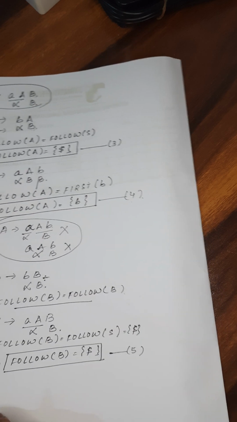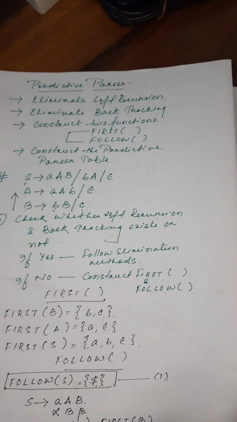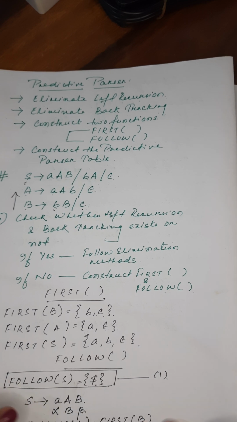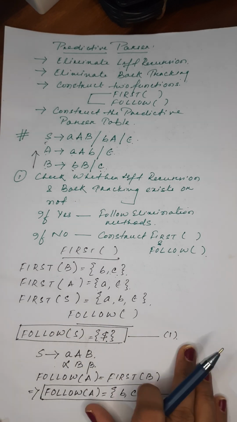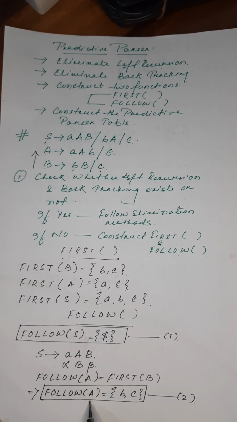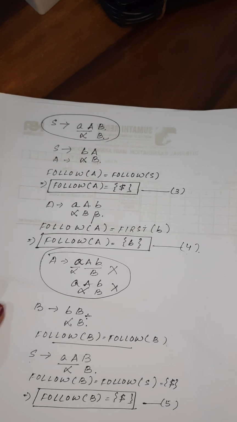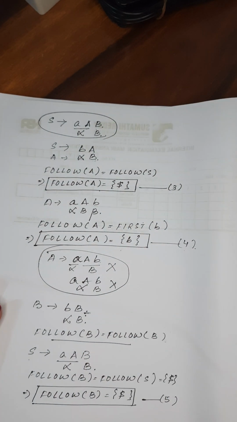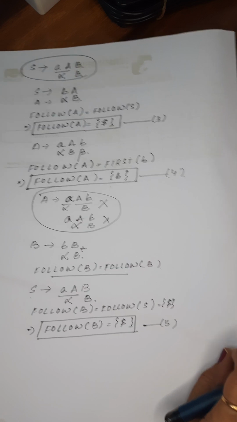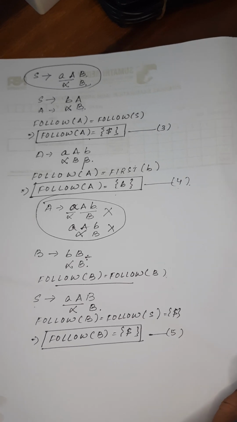Now, you check. See, equation 1 is follow of S. I have told you rule number 1 will be applicable to only starting symbol, so no further repetitions for this. Now, here in equation 2 follow of A. Here in equation 3 also follow of A. Equation 4 also follow of A. Now, what we will do? This is the reason at the beginning I told you while calculating the follow you have to write the equation numbers.